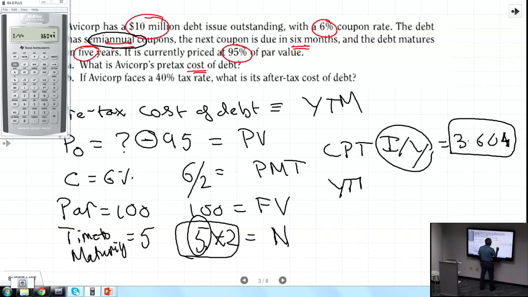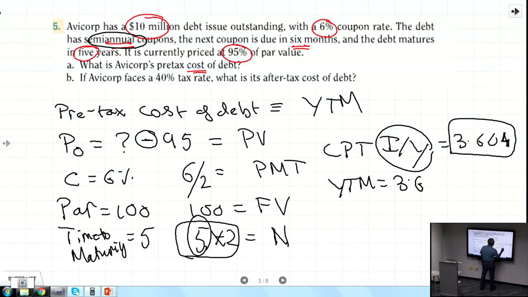So yield to maturity will be 3.604 times 2, which would be 7.208. So 7.208 would be the yield to maturity if I simply double it based on this calculation.